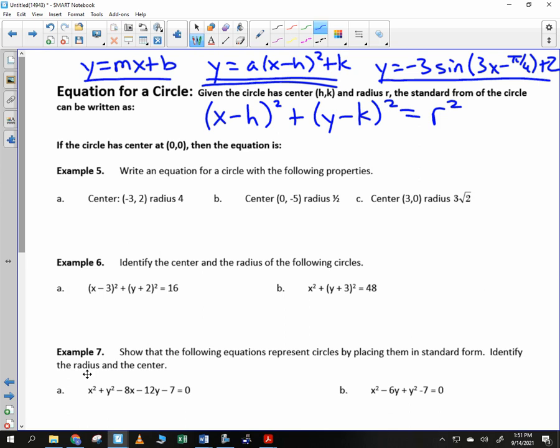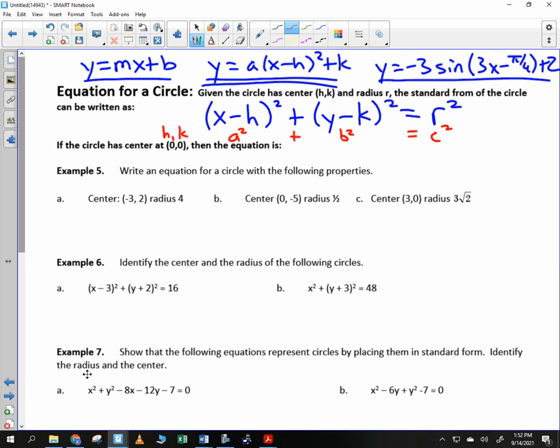And I will show you, and the reason why we're covering it now is it has everything to do with the Pythagorean Theorem. Do you see that this is kind of like a squared plus b squared? See that? In fact, watch what happens. It says if the circle has center 0, 0, the center is your h, k value.